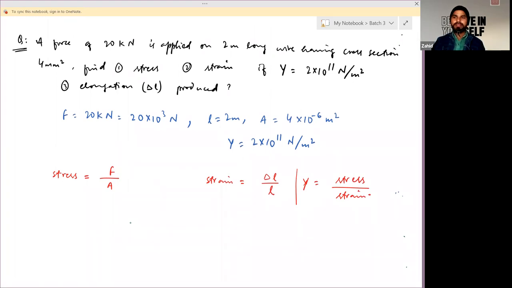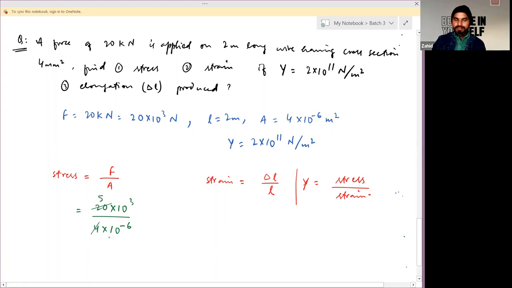Nida, just check your calculation. We have force is 20 into 10 to the power 3. Area is 4 into 10 to the power minus 6. So this 4 cancels out this 20 in 5 times. Good, Nida.